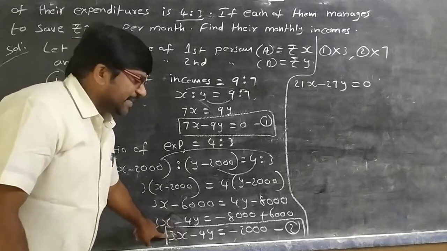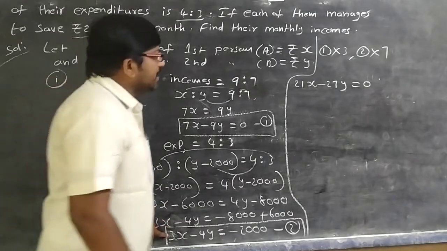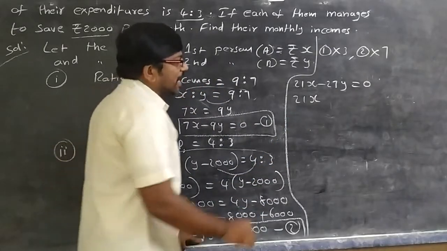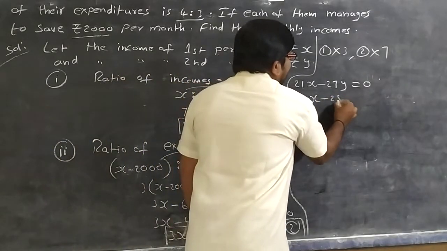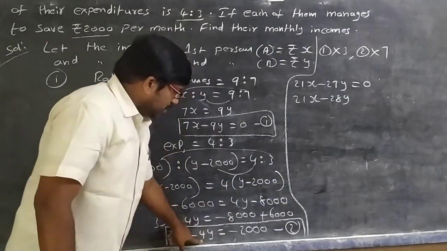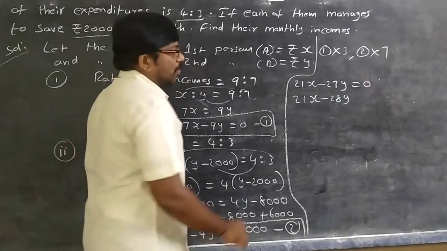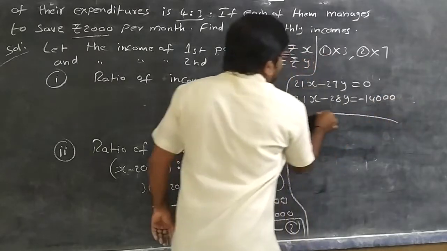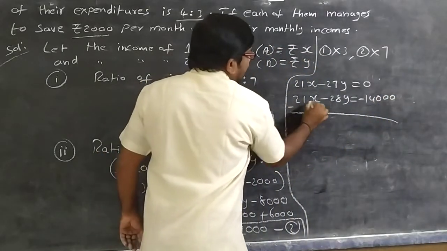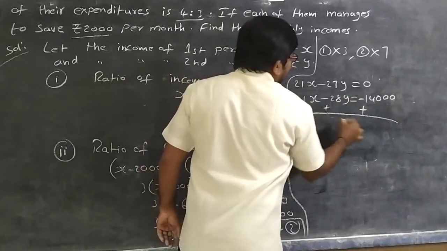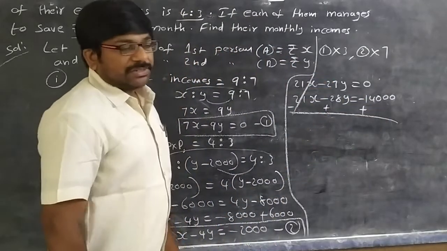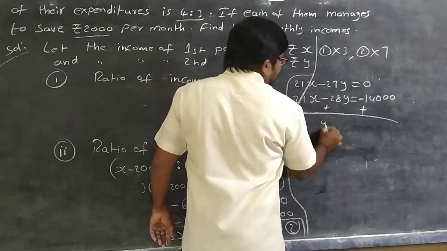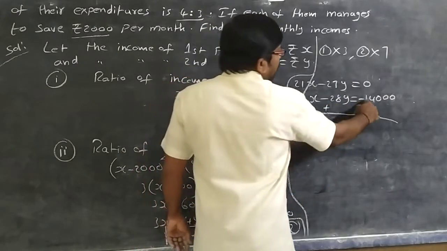Next second equation with 7. 7 threes are 21x minus 7 fours are 28y is equal to 7 into minus 2000, that is minus 14,000. Now subtract. Minus means plus. These two cancel, right? Minus 27 plus 28, 1y is equal to 14,000.